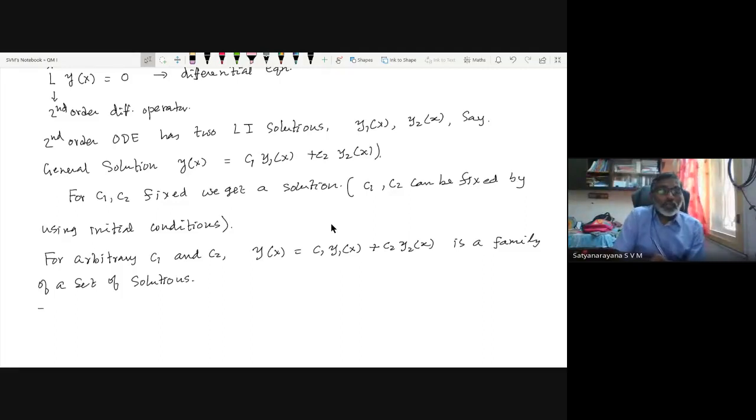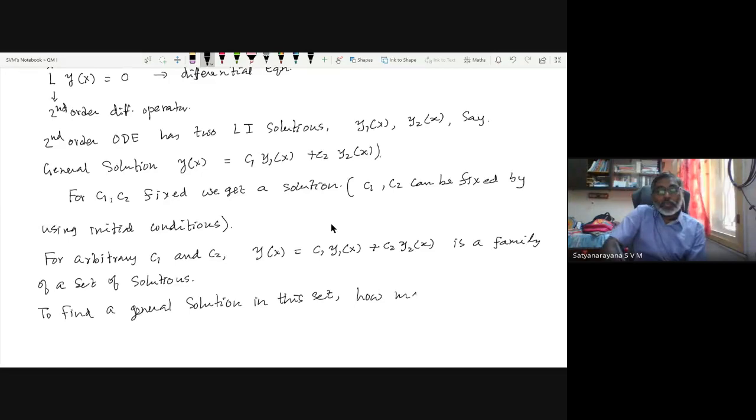Now to find a general solution in this set, how many scalars do we need? We need two, namely c1, c2.